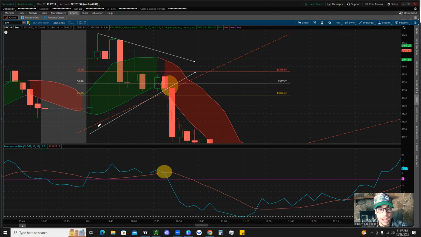Now, the second thing we had was these trend lines breaking, okay? And the third thing we had was the indicator crossing below the momentum SMA. And you can see this was a huge 5-minute candle right here. And I was able to make $1,000 just on this 5-minute move to the downside, scalping SPX put contracts, okay?